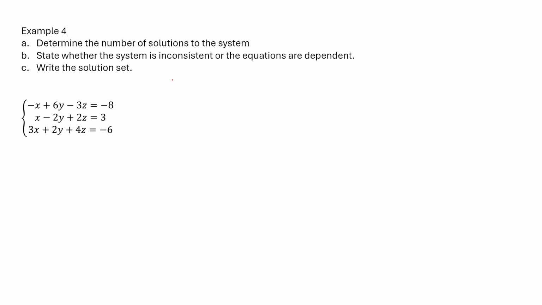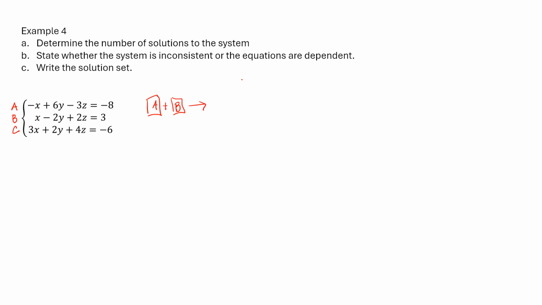So we've got these three equations. I'll call them A, B, and C again. And we will try to eliminate, well, it's very easy to eliminate the x's in the first two equations. So if I add equation A to equation B, I don't have to multiply by anything, and the x's will cancel.